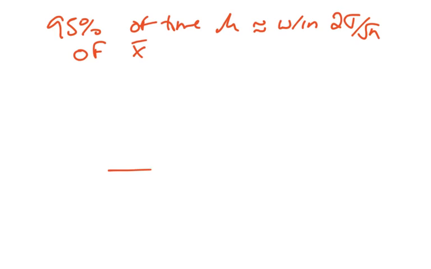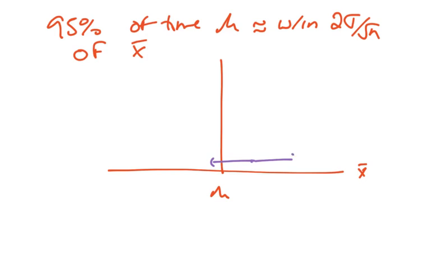So we can think, if I was drawing this as a picture, and here is my mu, and then I take lots of X bars, and I make confidence intervals around them. So maybe here is an X bar, but if I always go 2 sigma over root n out in either direction, most of the time I am going to overlap the true value mu.